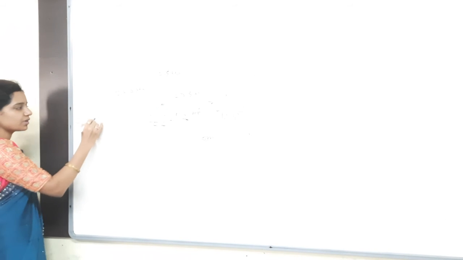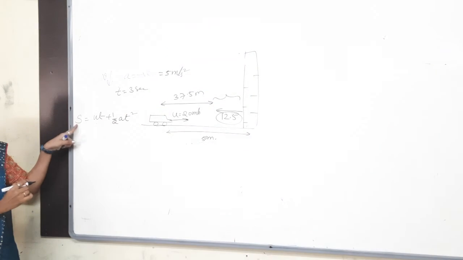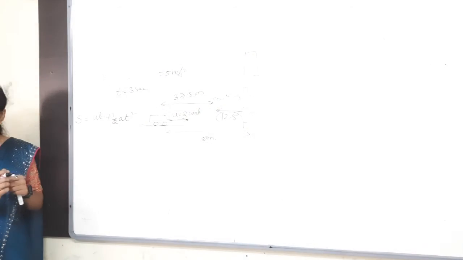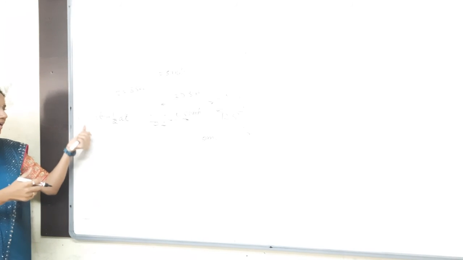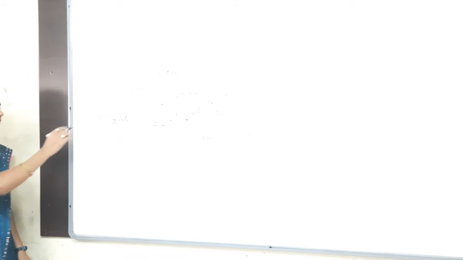First of all, S is equal to, what is the formula? ut plus half at square. This is the distance formula, and it gives the distance I travelled with this velocity and this acceleration.